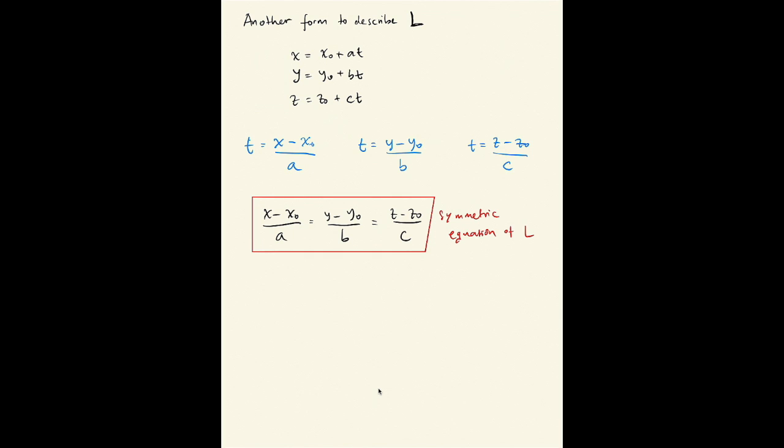I think it's quite easy to understand because this symmetric equation is just a form from the parametric equation, and you need to solve for t. a, b, c are the components of the vector that is parallel. So this is the symmetric equations.